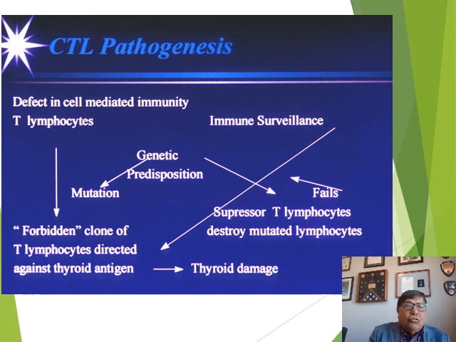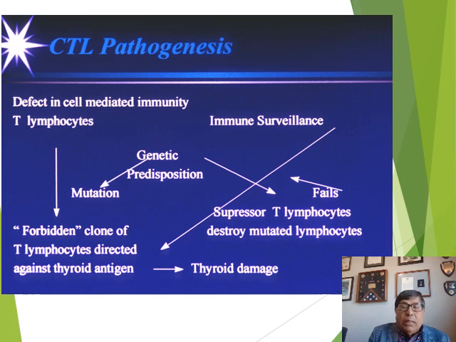So if we go straight down, what is happening as a result is a defect in cell-mediated immunity, and this directly makes a forbidden clone of T lymphocytes directed against the thyroid antigen, and that is what causes the thyroid damage.